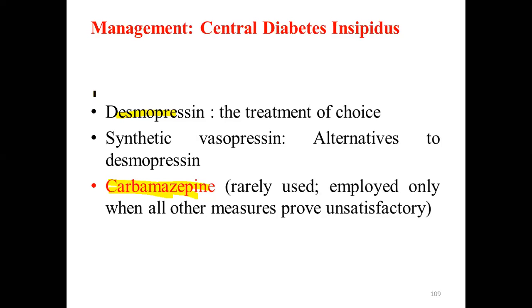It is actually anticonvulsant, but it is also a mood stabilizer commonly used in management of bipolar disorder. It can stabilize the mood of an individual. The rationale behind carbamazepine, by the way, is that it is a sodium channel blocker. It has multiple mechanisms of action, but mainly it works on blocking the sodium channel.